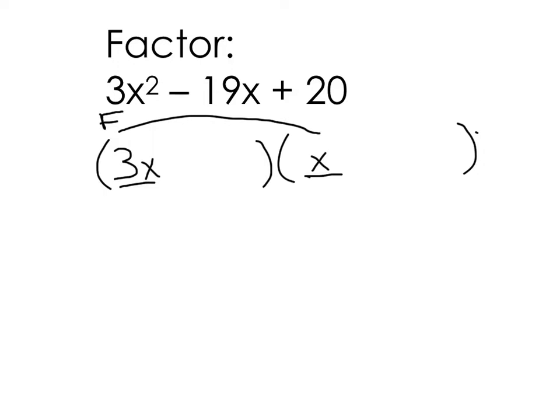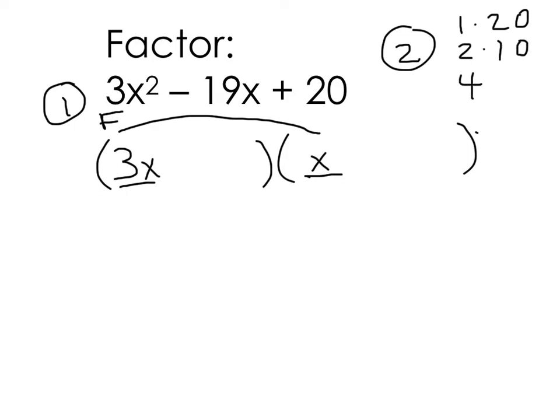That's our first step. We still want to figure out what the factors of 20 are. Could be 1 times 20, could be 2 times 10, could be 4 times 5. So we need to figure out which of those numbers to put in these positions.